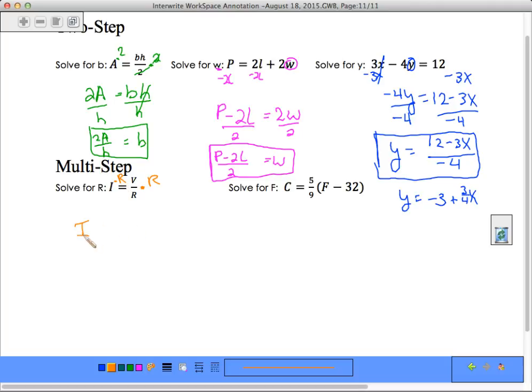I have I times r equals v now. Still want r by itself. Now these are touching by multiplication, so all I have to do is divide. So this is really just still a two-step equation. It's just that we're not used to having to get whatever's on the bottom here by itself, but sometimes it happens. And there's my final answer.